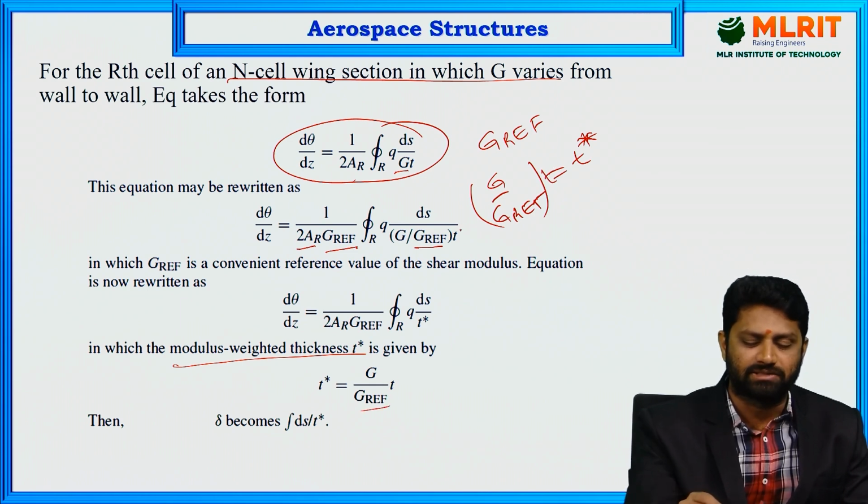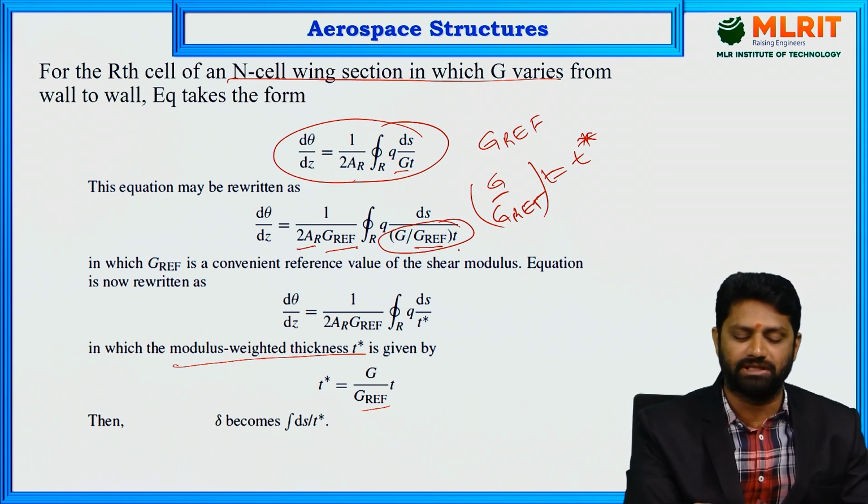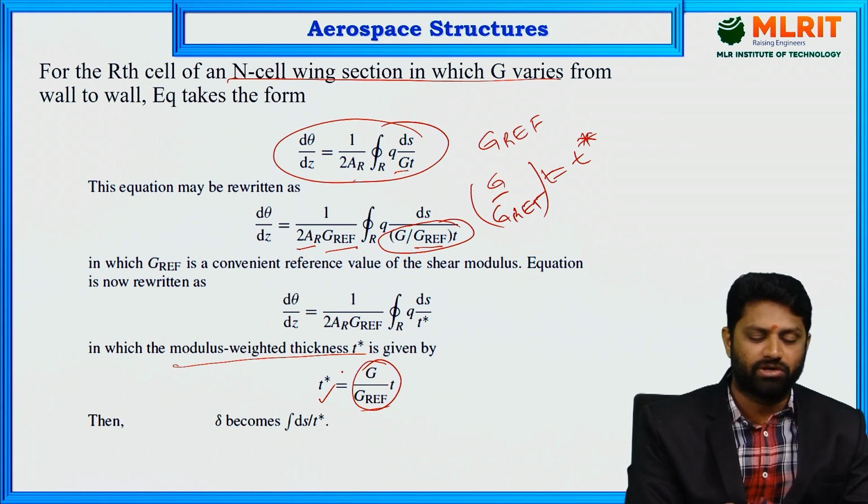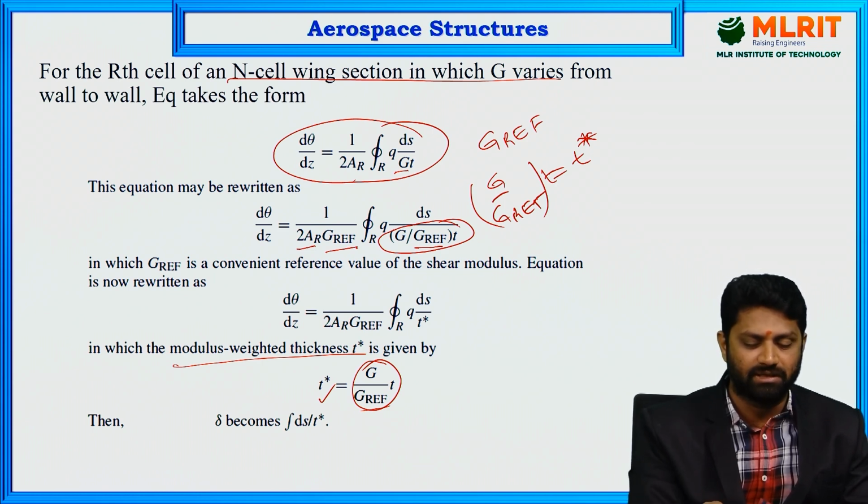So G by G reference into t can be replaced by t star, and in this equation you write the cyclic integral of ds by t star, and you write this as delta.